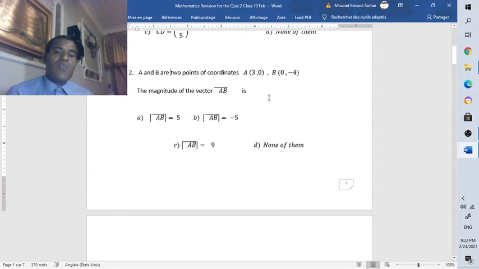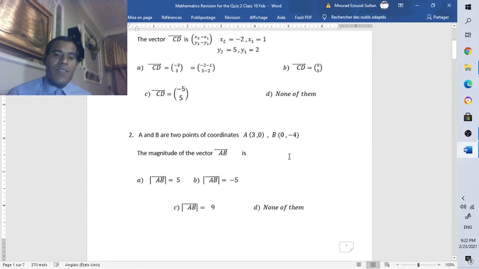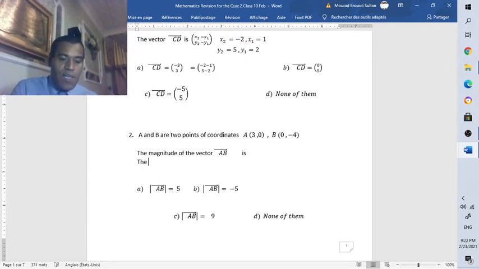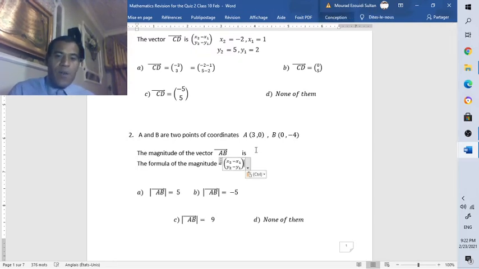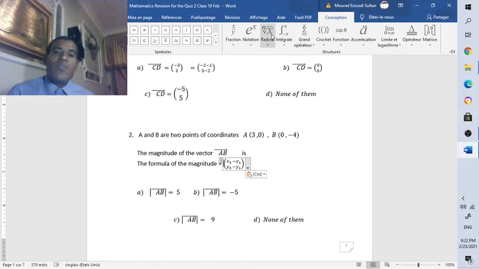First of all, my learners, you should know how the magnitude is given. I will write the formula of the magnitude. I will make a copy, then move to insert a square root.